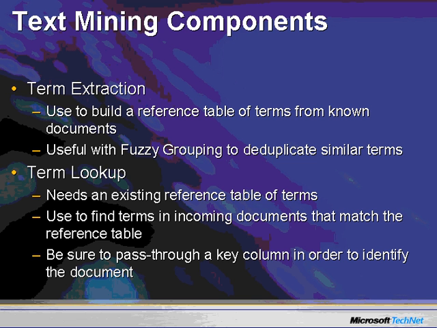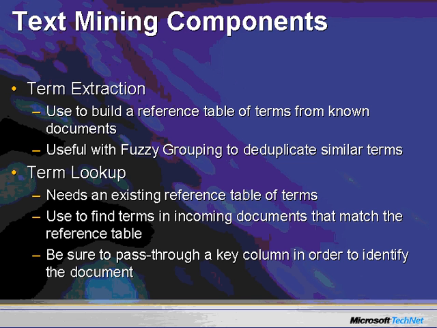Now the companion component to Term Extraction is Term Lookup. Imagine I have searched through all my successful employees and found the terms that they use in their resumes. Now I would like to look at incoming employee resumes and say, well, how do they compare to the resumes of successful employees? And so I would use a Term Lookup. Given a reference table of terms, what terms can I find in new documents that match the reference table?